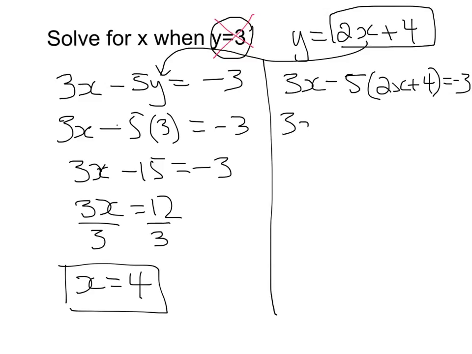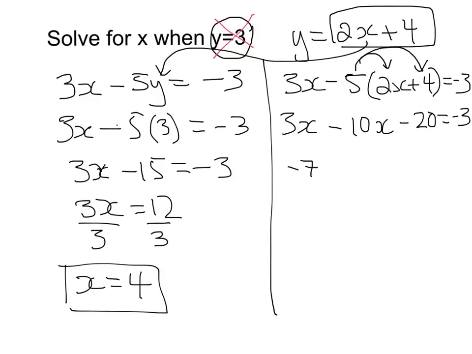And I'm just going to solve now. And remember, 5 is being multiplied by that, so we are going to expand. So you get 3x minus 10x minus 20 is equal to negative 3. And now it's just a matter of simply solving.